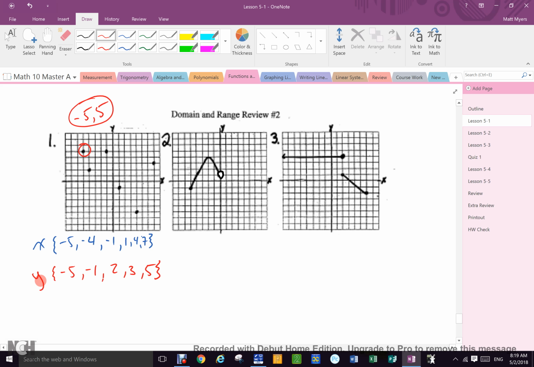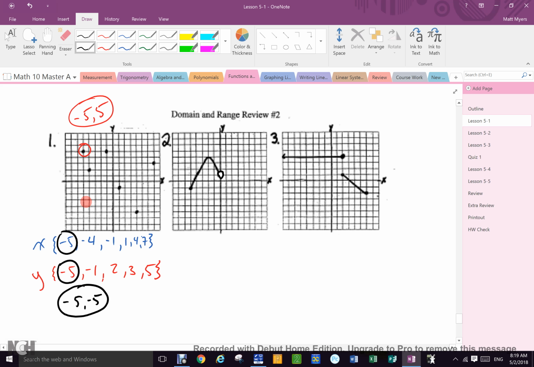But the mistake that a lot of you will make is, because this first domain value is here and first range value is here, you will make the mistake of thinking that -5, -5 is one of the pairs from the graph. And it is not, is it? Because -5, -5 would be way out here. And there is no dot there, correct?